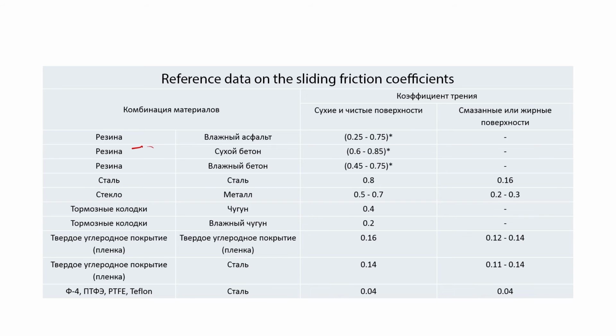Rubber against dry concrete, the friction coefficient amounts to 0.6 to 0.85. If we take rubber in contact with a wet asphalt road, we will have a considerably smaller friction coefficient. It should be noted that the coefficient of friction depends not only on the condition of the surfaces, but also on the pressure in the tires.